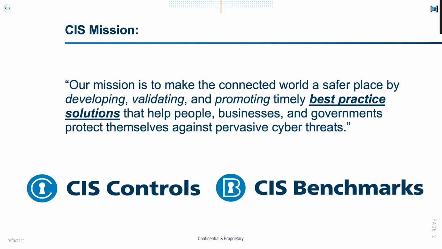The most recent versions have taken on a much more horizontal approach as well, with the introduction of what we call implementation groups to help organizations with different levels of security experience prioritize the sub-control levels of the already prioritized 20 controls.